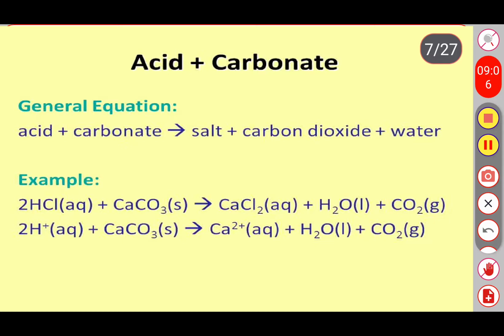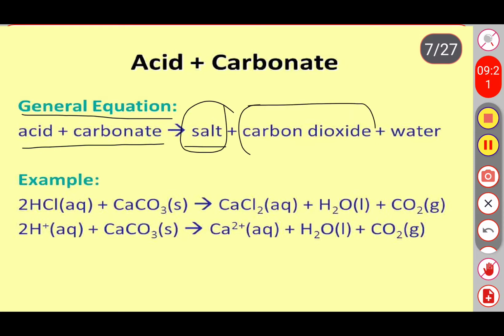When acid is combined with carbonates, it always forms a salt along with carbon dioxide and water. So these are the two extra products we obtain from the combination of acids and carbonates.